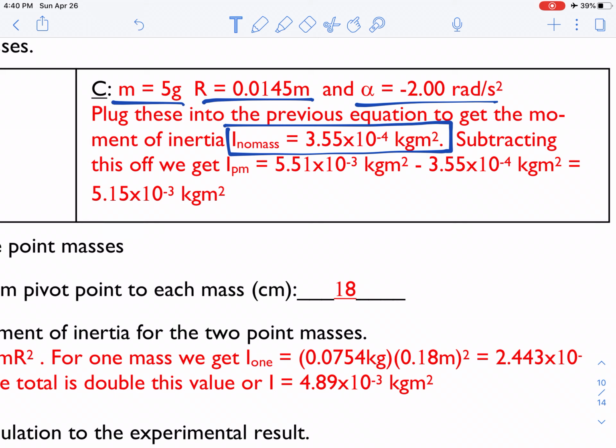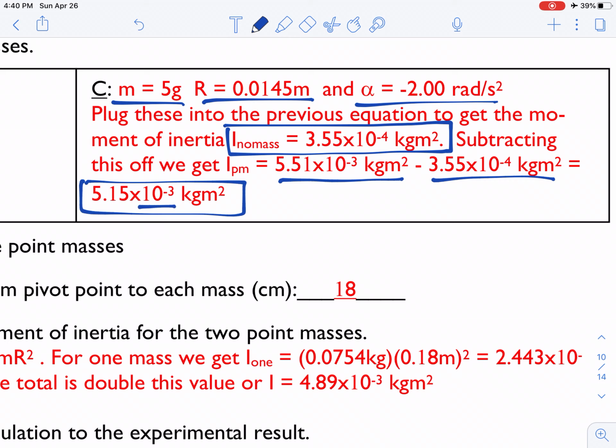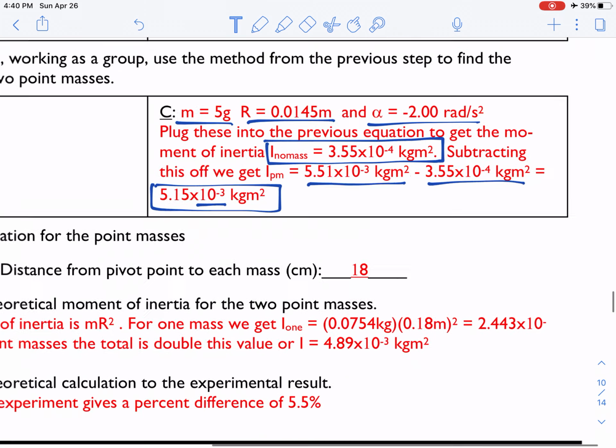So the system's inertia minus everything but those two masses is going to give us the inertia of those two masses, okay? And we're getting the answer as this. Again, this is 10 to the negative 3, but it's not the same as before, of course.